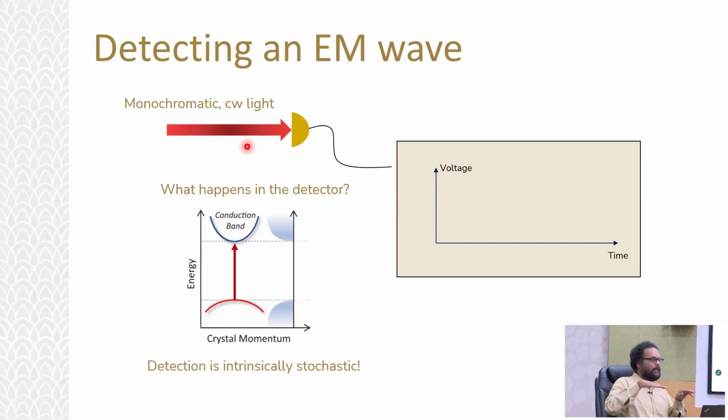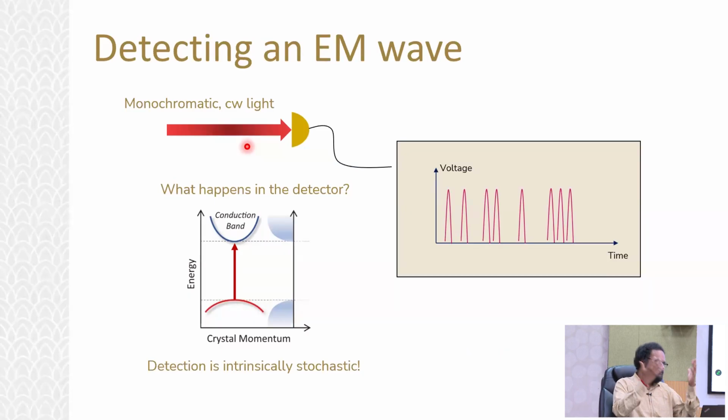Once in a while, it will blurt out a voltage pulse. You agree with me on that? So now I'll have pulses of voltage coming out because I don't have light all the time. When the intensity is low, the stochasticity of my detector sometimes does not see light anymore, because there are other events competing with it, obscuring the observation of a photovoltage.